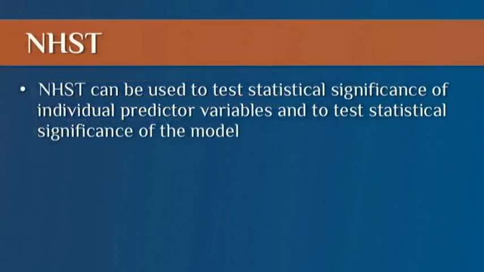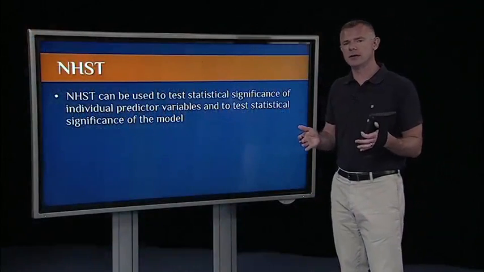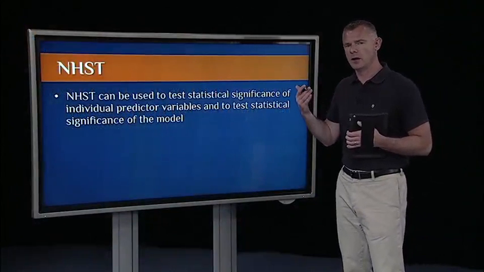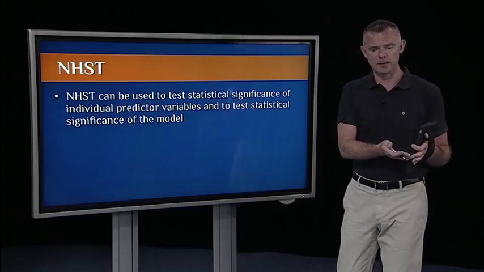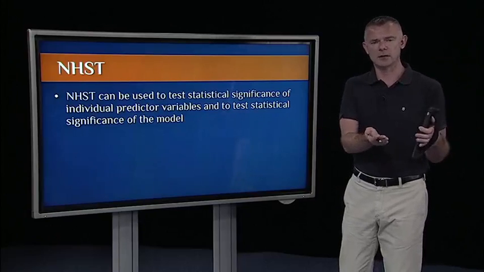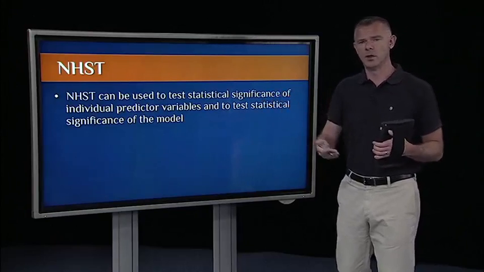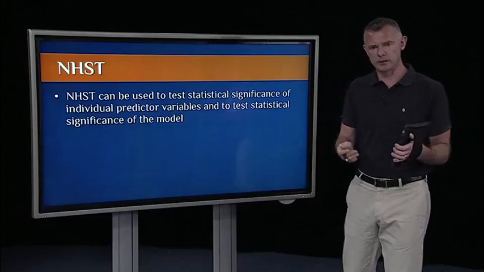So remember, you could test the proportion of variance explained, that R squared. You could see if it accounted for a significant portion of variance, where the null hypothesis would be that it accounts for zero variance, the alternative being that it accounts for significantly more than zero. Or you could use that to compare multiple models, as we did in several cases.